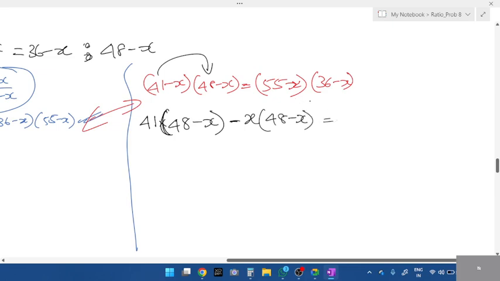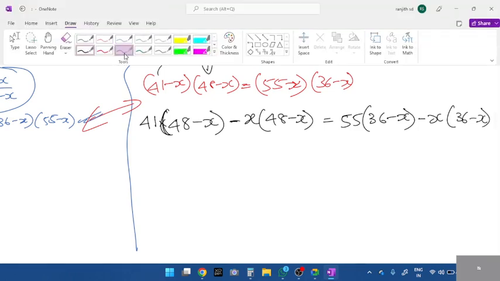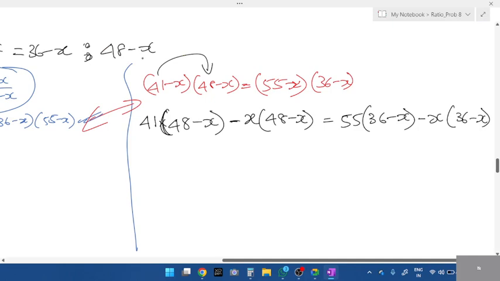Next. Minus. Okay. Why are you getting confused with equal to? Is it clear? And okay, now open the bracket. 41 into 48. How much is 41 into 48?